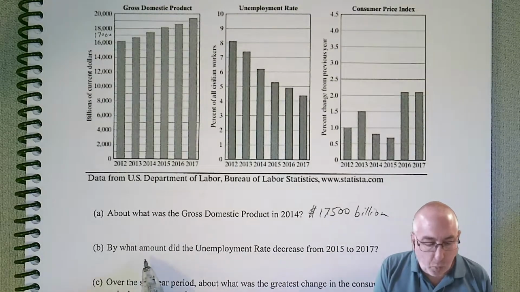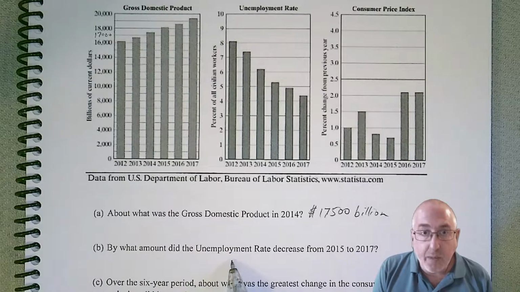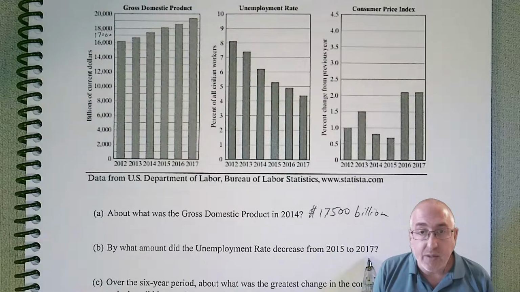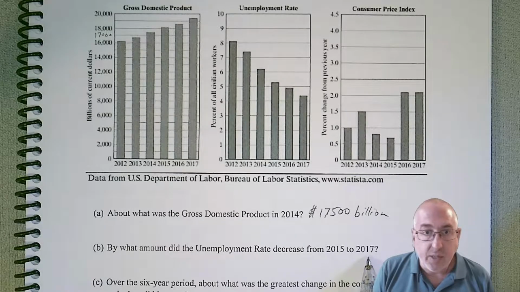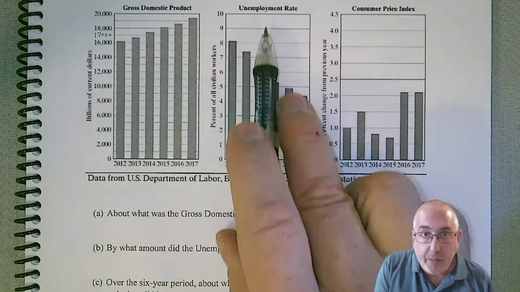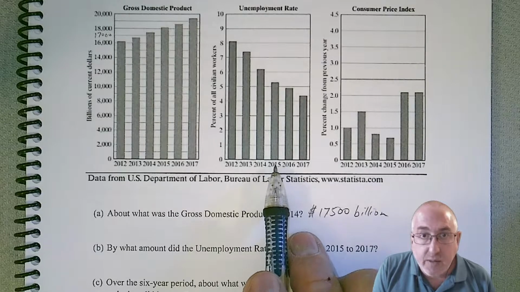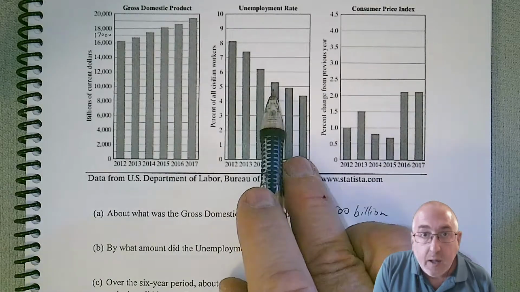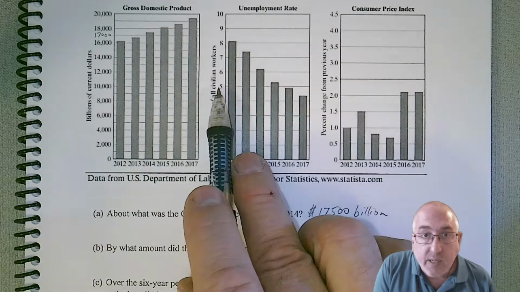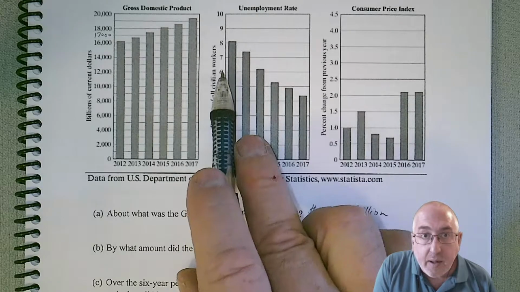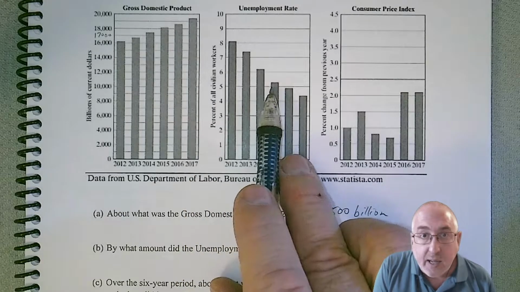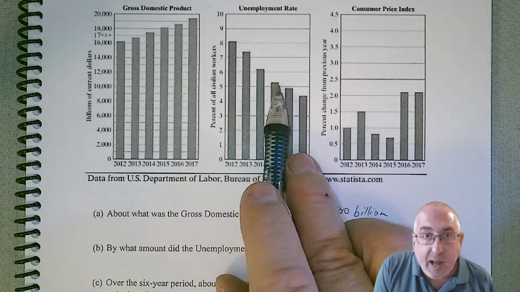Now for B, it says, by what amount did the unemployment rate decrease from 2015 to 2017? Okay, so unemployment rate, we are in our middle graph now, and we want to go from 2015 to 2017. 2015, okay, so we can see it's above 5 and below 6. It's closer to the 5, so we're going to kind of guess.